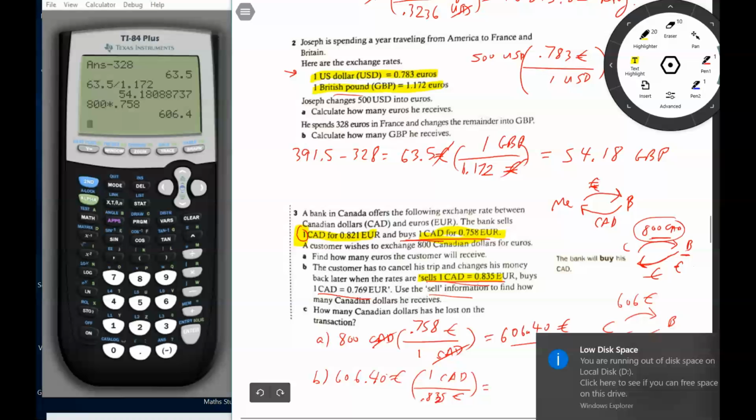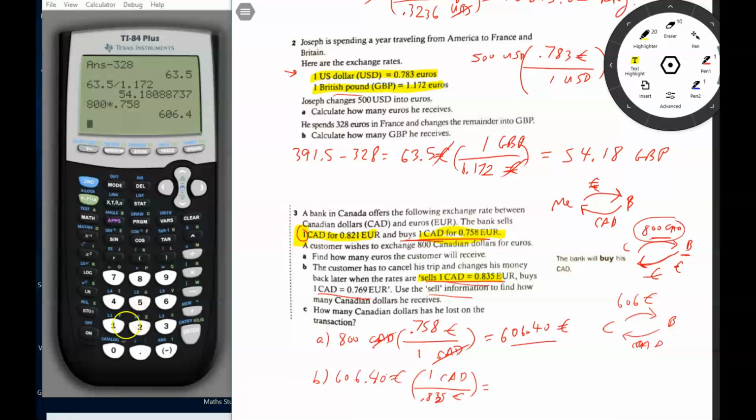Okay, 0.835. And then we're going to do the division here in the calculator. So 606.4 divided by 0.835.